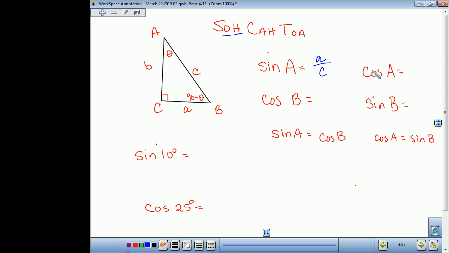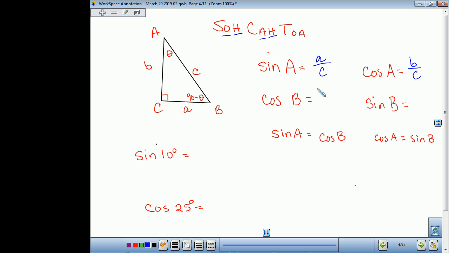All right, let's look at cosine of A. With respect to angle A, the adjacent side is side B. The adjacent over the hypotenuse is cosine, so b over c. Now the next two are referencing angle B. So with respect to angle B, to do the cosine, cosine is adjacent over hypotenuse.